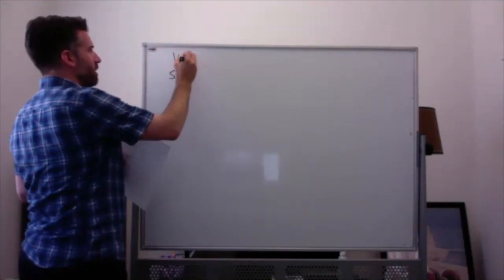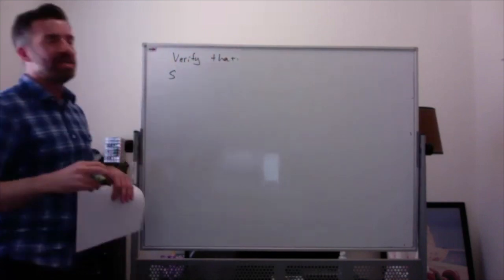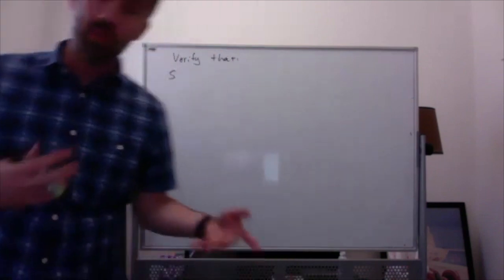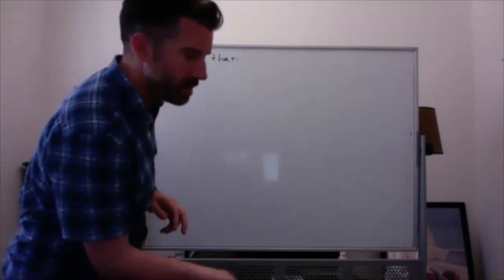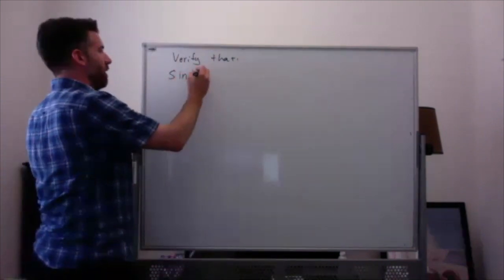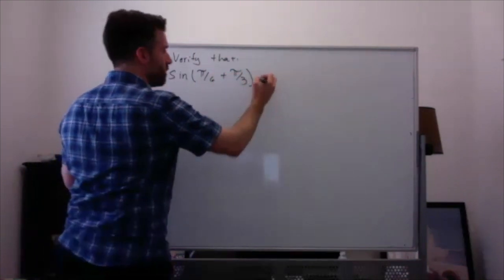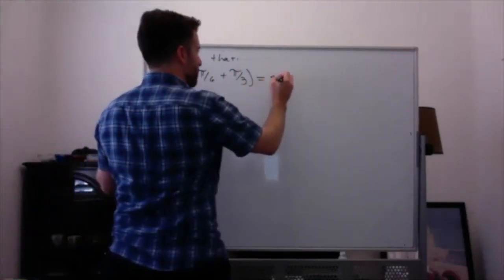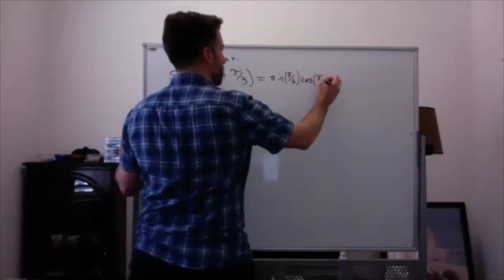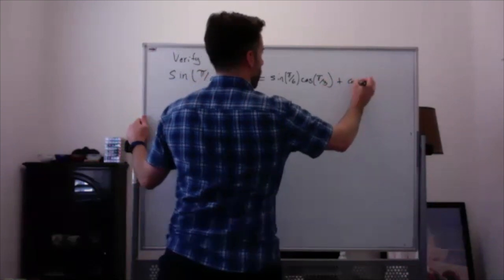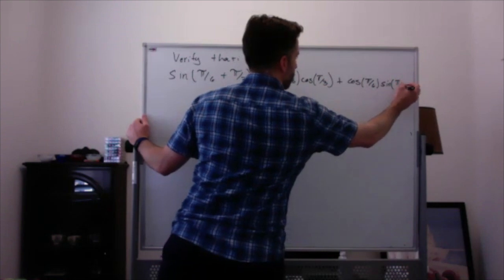All right, so this is going to lead us to a couple new identities that are different than the ones we've already talked about. So we're going to verify that sine of pi over 6 plus pi over 3 is equal to sine of pi over 6 times cosine of pi over 3 plus cosine of pi over 6 times sine of pi over 3.